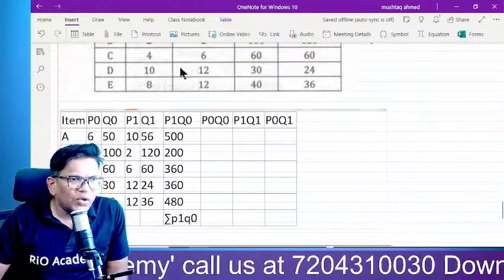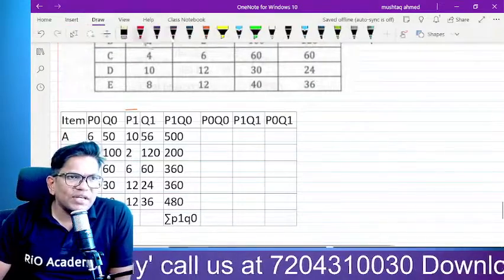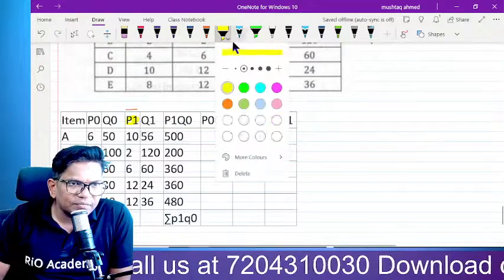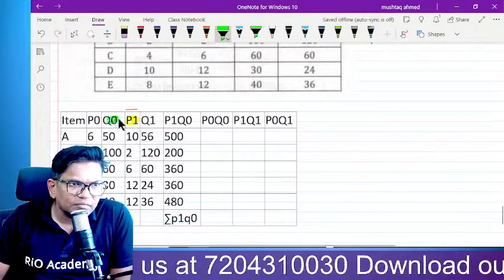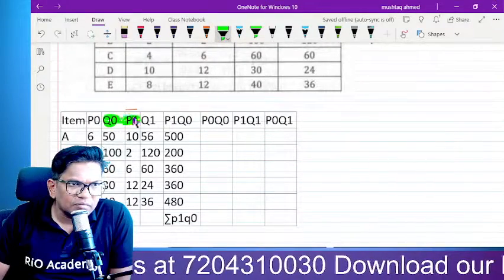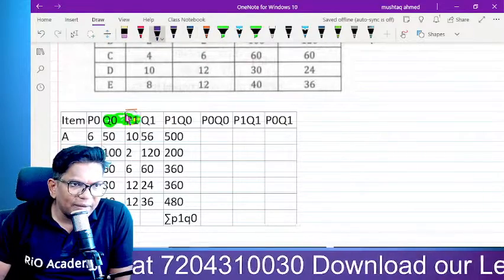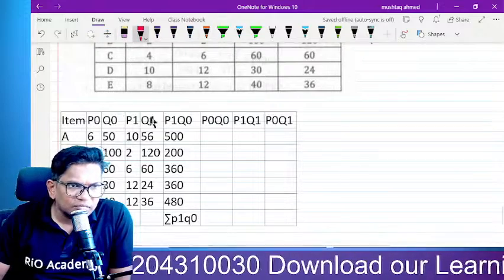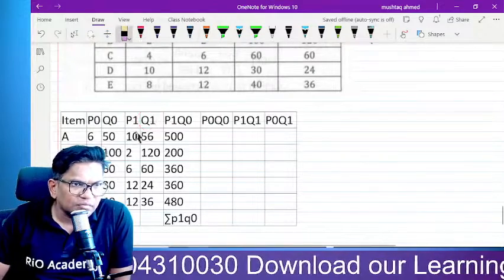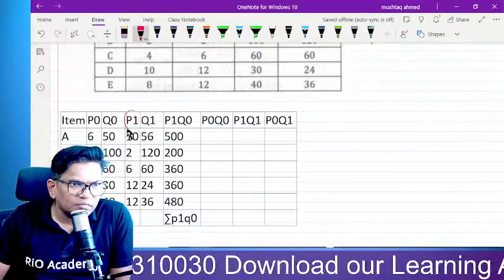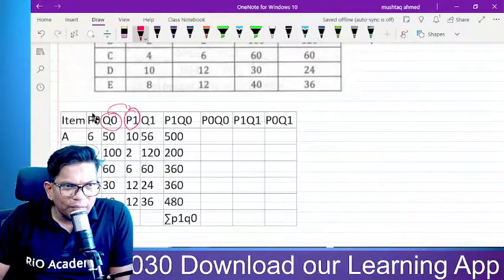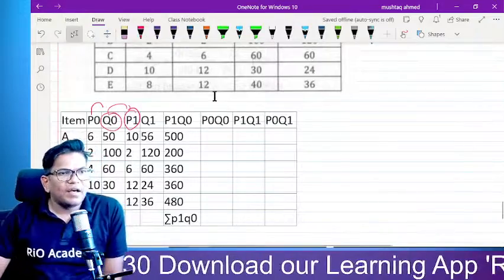Next, don't get confused. Listen, one second. We are just multiplying this to this. First, we have to multiply this to this. Next, we have to multiply this to this, right?